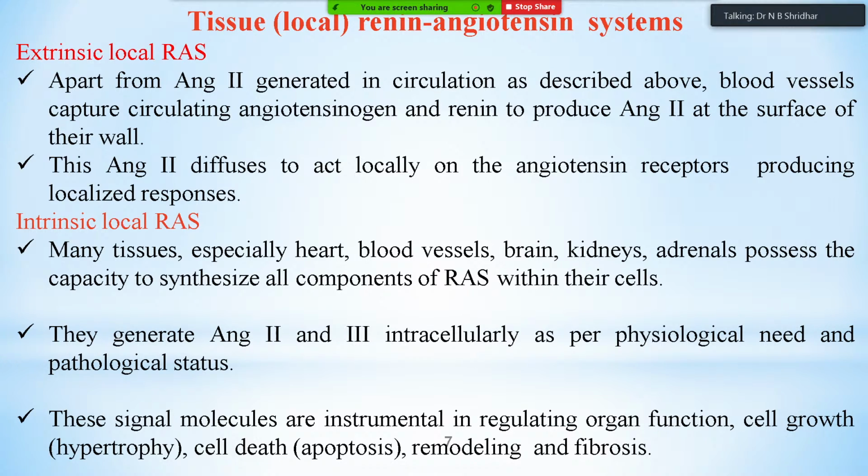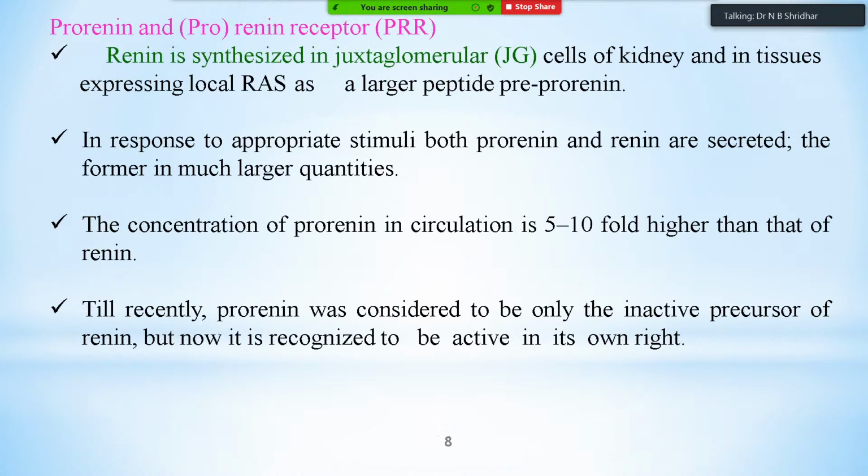And prorenin and prorenin receptors. So renin is synthesized in the juxtaglomerular cells of the kidney and in tissues expressing the local RAS, or renin-angiotensin system, as a long peptide, prorenin.